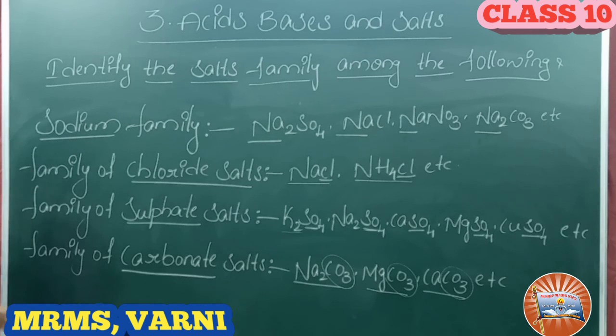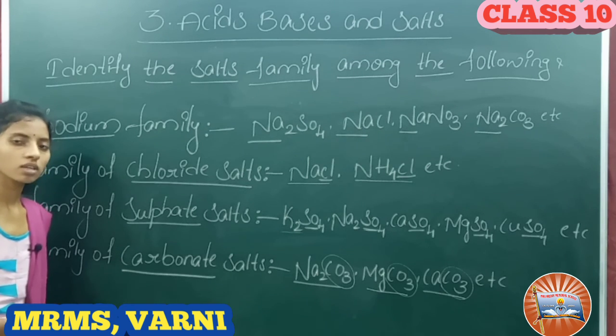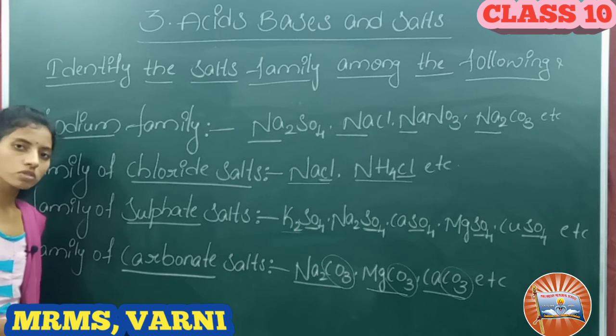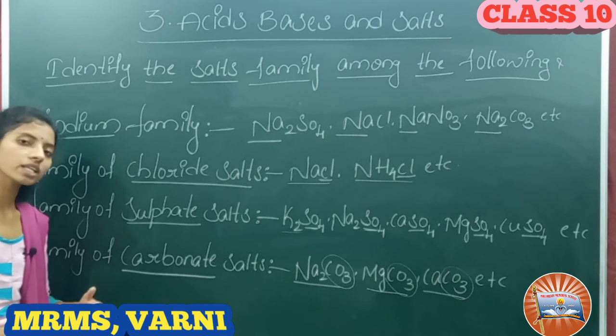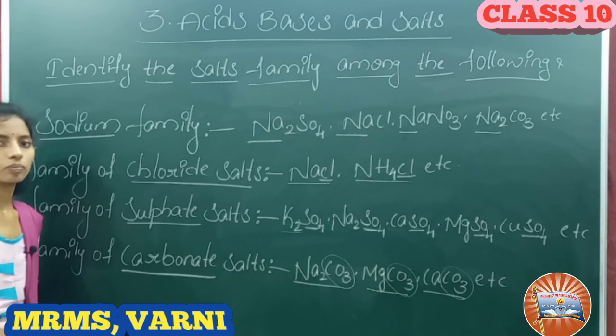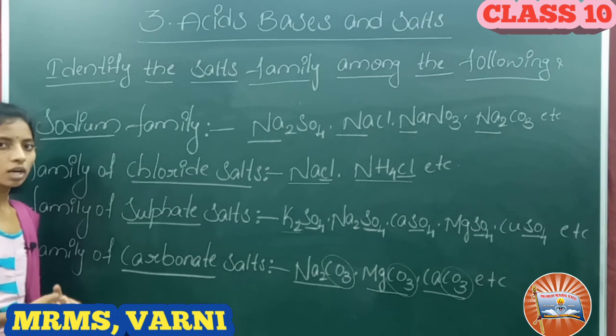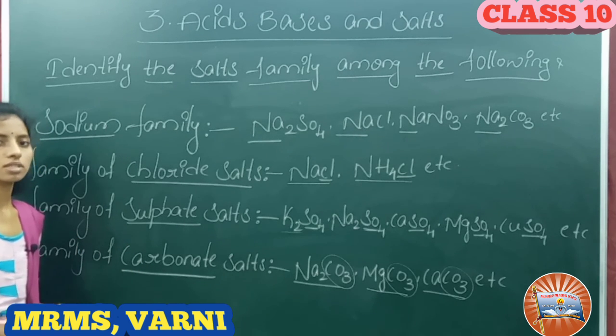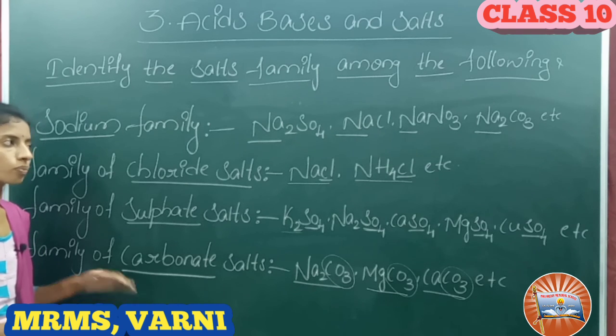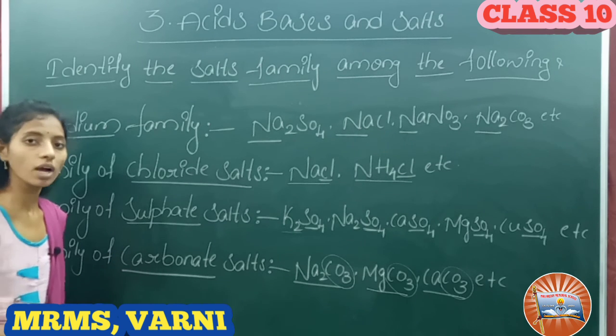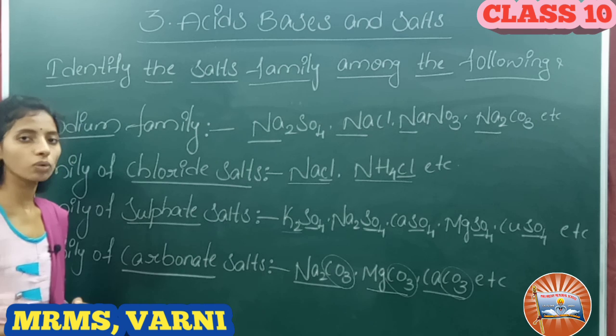Yes? So the family of salts means the number of positive ions and the number of negative ions are equal. So then we can say that the compounds are belongs to family of salts. Right? So the number of positive ions and the number of negative ions must be equal.